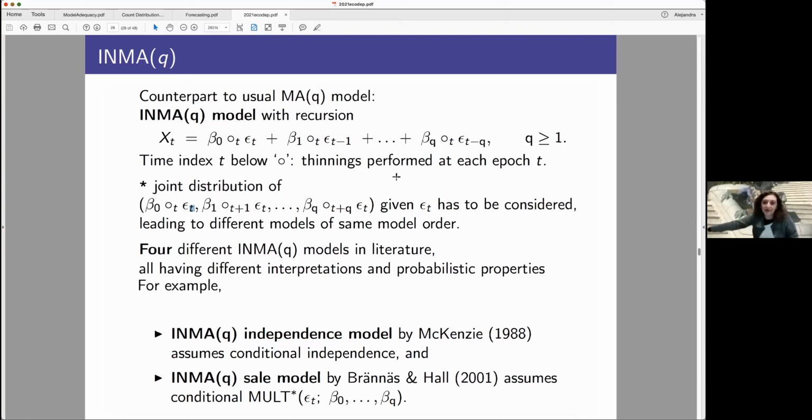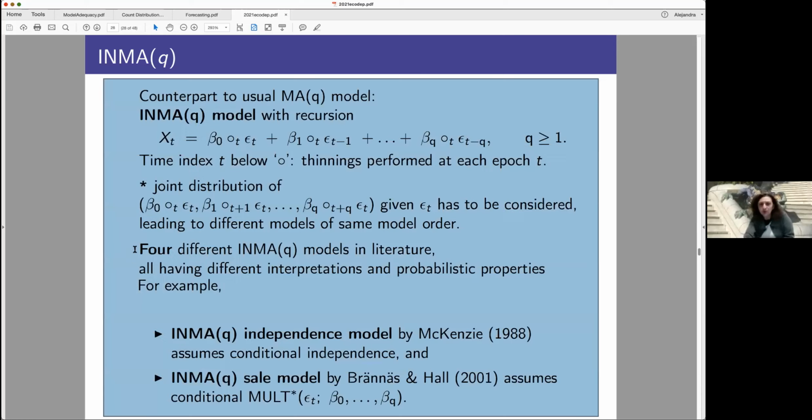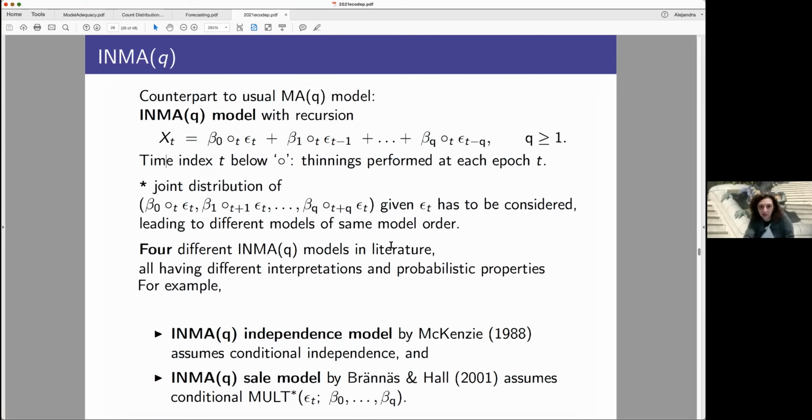And again, if we have Poisson innovations, we can also assume a conditional multinomial for the thinnings made over the same noise.